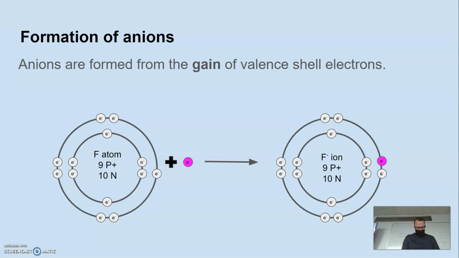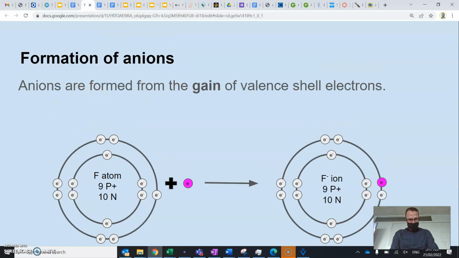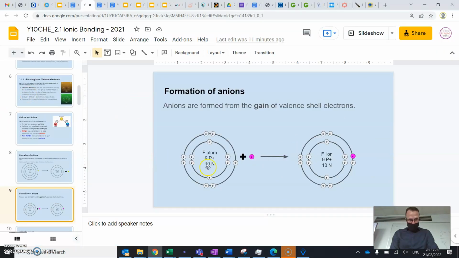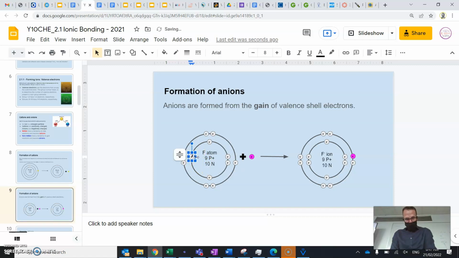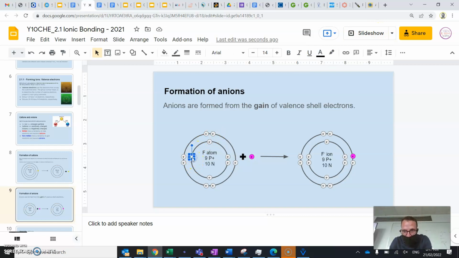Fluorine atom, 2. Uh-oh. I've stuffed that up. It should be 2 and 7. I've got too many electrons there. Let's fix that up. I'll fix that up later. But it should only be 2 in that first shell, not 6.